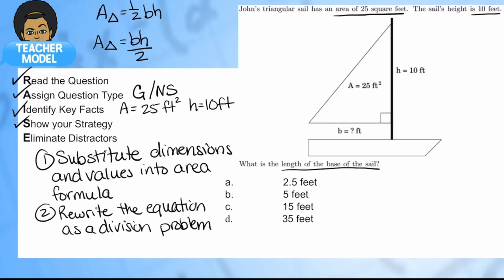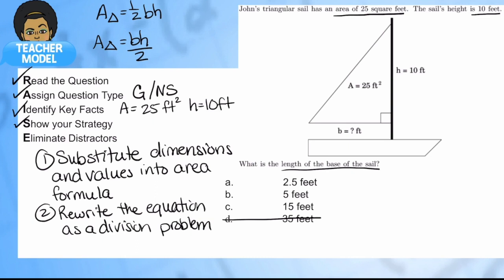All right, so let's start off just thinking about the numbers we have here. 10 times something divided by 2 gives us 25. Just thinking logically, let's eliminate some distractors here. 10 times 35 is already 350. And I know for a fact that half of 350 is not going to be 25. So I'm going to say this is way too big.